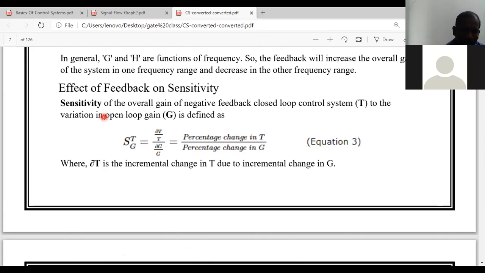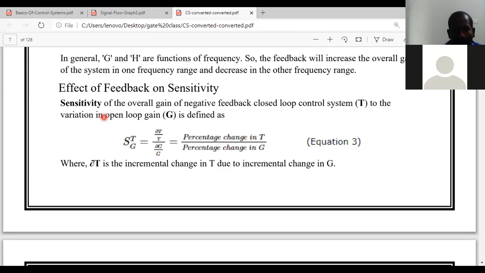Can you remember it? The gain and feedback product, modulus of A beta, equals 1, and the phase shift around any closed loop equals 0 or 360 degrees.